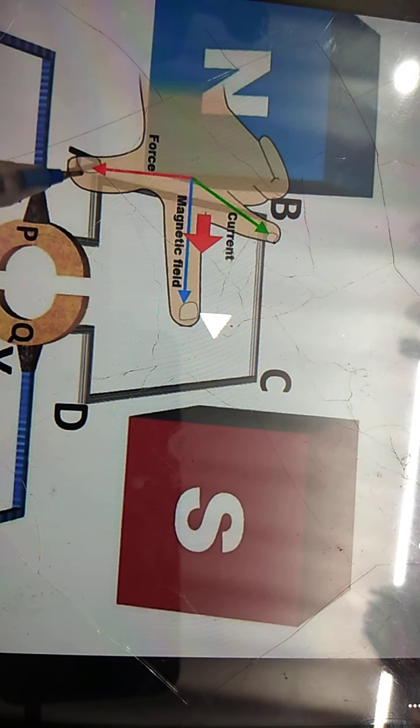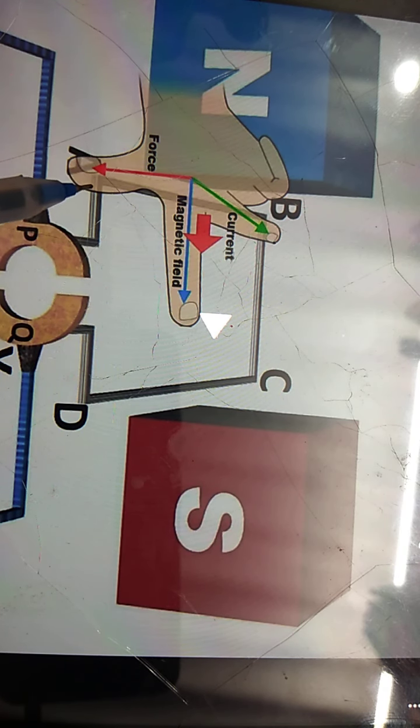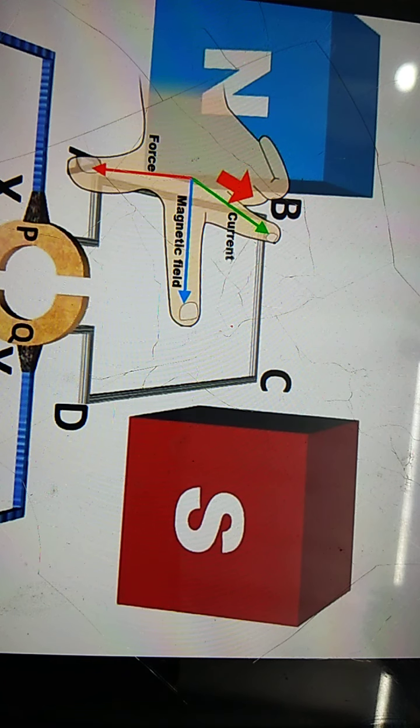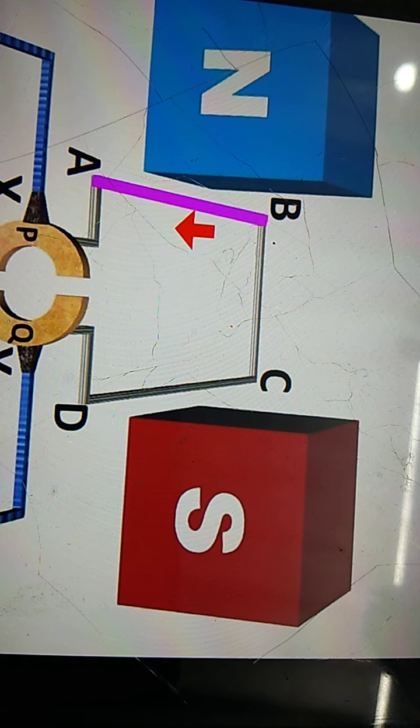So arm AB will go down, and similarly we will apply Fleming's left hand rule in the arm CD also. So in arm CD, current goes from C to D.